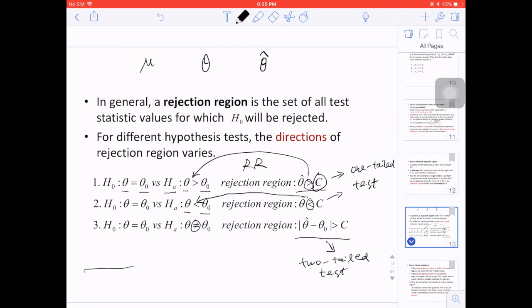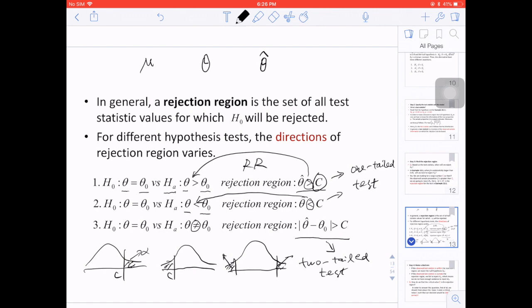For the first one, we like to find this C here, and this is the alpha. So it's a right tail test. For the second one, we like to find the critical value here. And for the third one, we need to find the critical values for both sides, so it's called a two-tailed test.